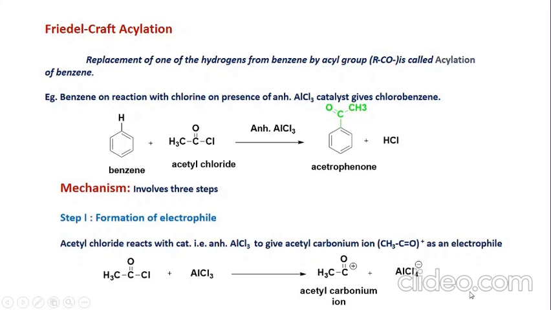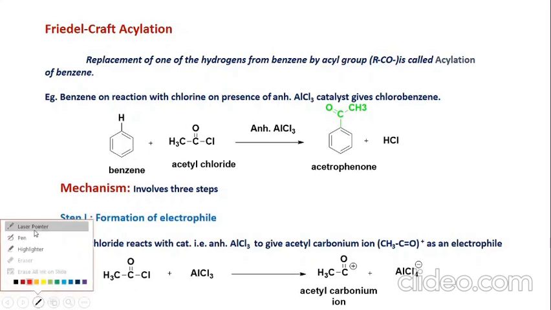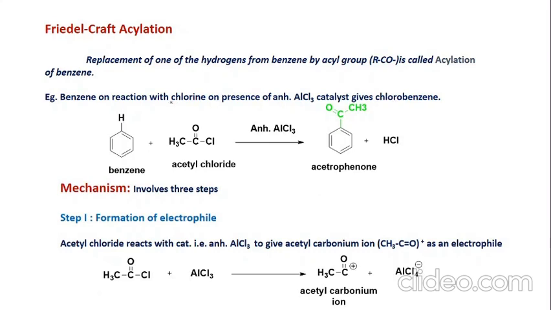Now the example of Friedel-Crafts acylation is benzene on reaction with acetyl chloride. Here, by mistake, I have written chlorine, but it should be acetyl chloride, on an anhydrous aluminum trichloride catalyst, or aluminum chloride catalyst, which gives us acetophenone.